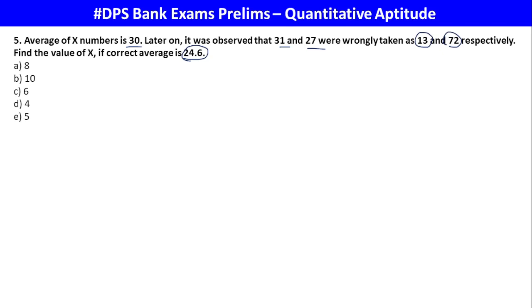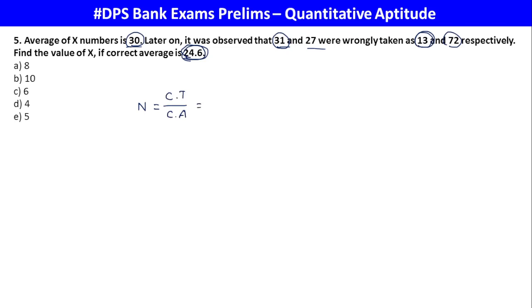Okay. Average is decreased by 0.6. Change in total upon change in average. Change in total anta? Yes, 31. Number kavali ante change in total upon change in average, right?